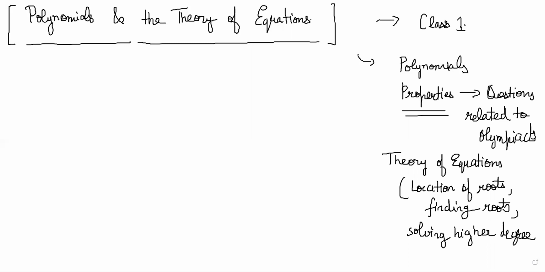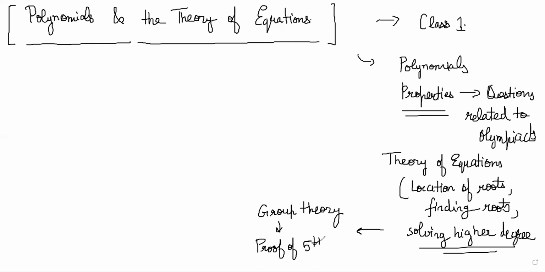And eventually what I want to get to is a little bit of abstract algebra, like group theory, which is essential to understand how advanced maths is built towards this, and eventually getting into the proof of why a fifth degree equation has no roots in radicals.